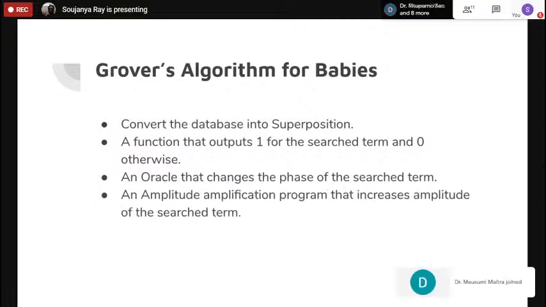Then you need an amplitude amplification program that increases the amplitude of the search term. Let's go back to our example of searching for 6 in a list of 1 to 10. I'll show you briefly what happens. Suppose you have all the numbers 1, 2, 3, 4, 5, 6, 7, 8, 9, 10.